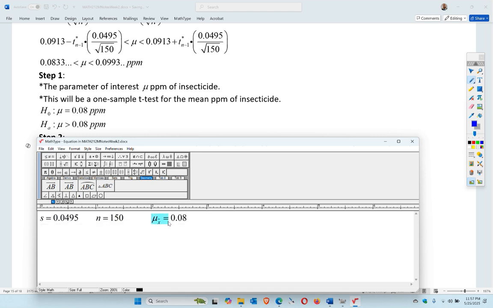And then we'll copy this, change that to standard deviation. Right, or standard error. Do that. So 0.0495 divided by, I'm sorry, why did I put the whole thing in a square root? I don't know why I did that. Sorry. 0.0495 divided by the square root of 150. Don't know exactly what that is, but that's fine.